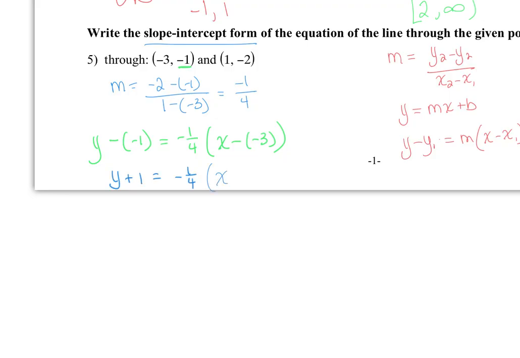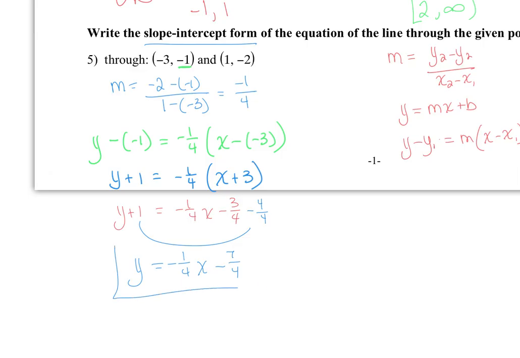Distribute, combine any like terms, and then you're going to move that one to the other side. Move that over. So in slope-intercept form, we have negative 1/4 x minus 7/4.